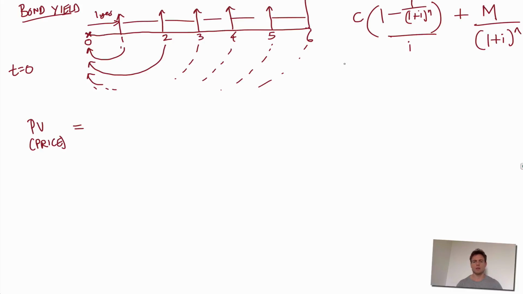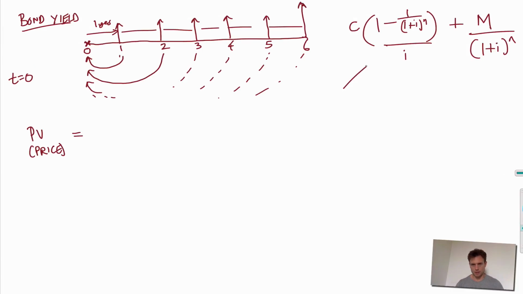So that's the price using a discount rate or a yield to maturity of I with n number of periods. That's what we've been used to up until this point.